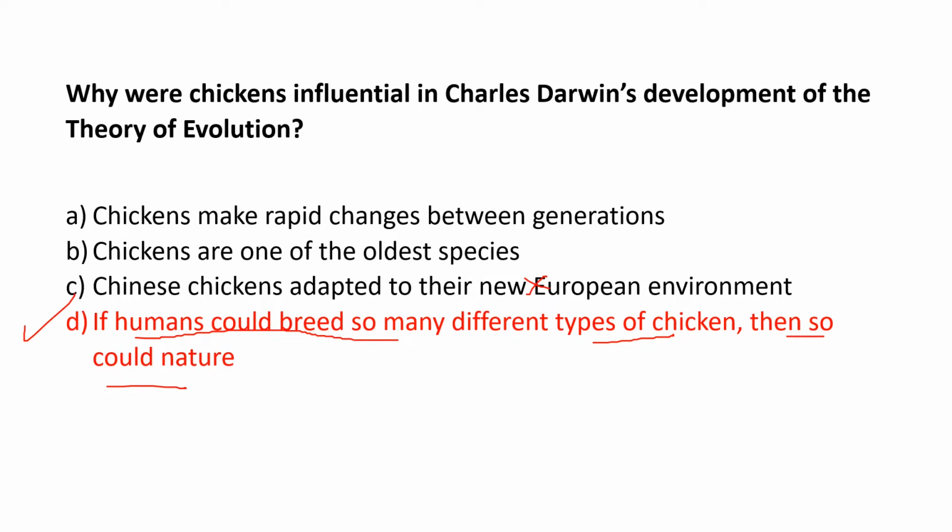Chickens being one of the oldest species, or making rapid changes between generations, is not exactly what Darwin said either. So the best answer is this one, because he saw that there were so many different types of chicken, so much variation. If you breed them, you can get a chicken that has the best traits to survive in a specific environment.